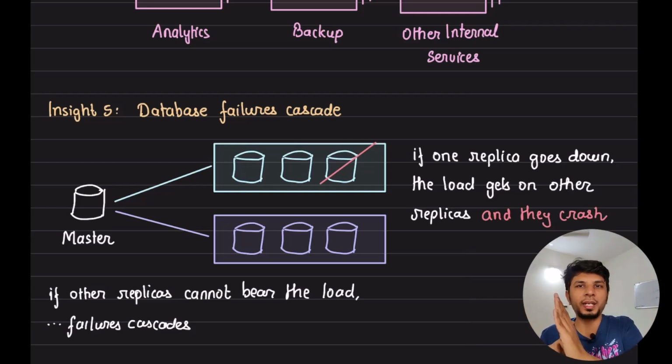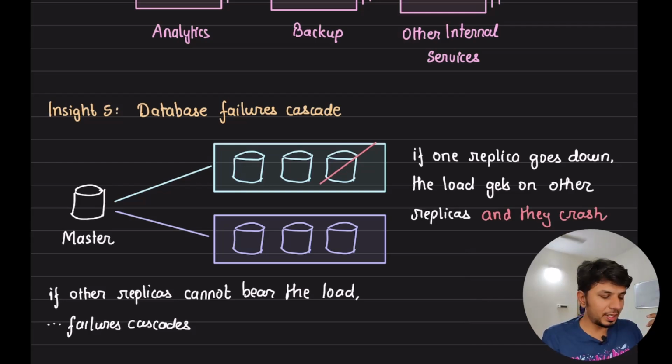So each read replica handles 1000 requests per second. The third read replica went down. So the 1000 requests per second that went to the third read replica will now go to the first and the second, right? And when that happens, the read replica that was configured to handle only 1000 requests per second is now bearing 1500 requests per second, 1.5x of load.